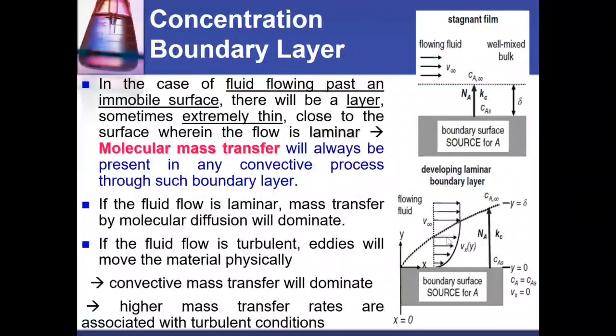As you go up, the velocity will be higher until you reach the center line here. If you have a pipe, this will be the center of the pipe where the velocity is maximum. Then this part is similar to this part. We'll have another layer here where the velocity is 0.